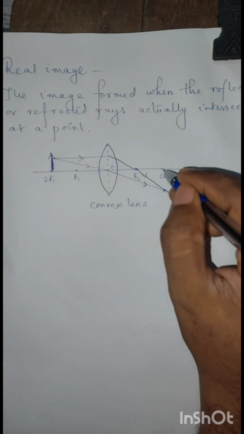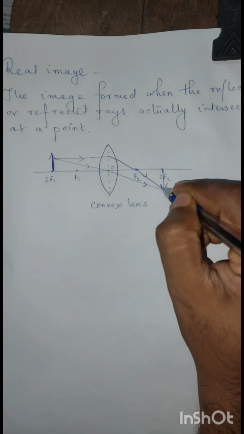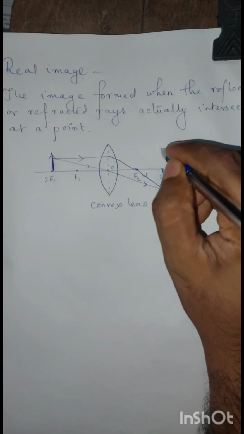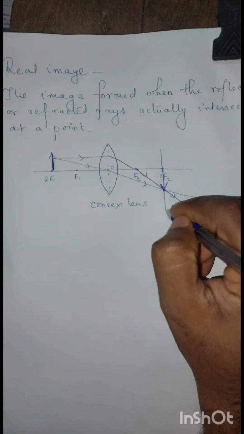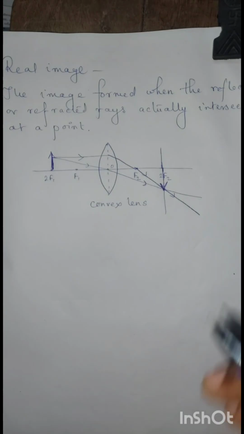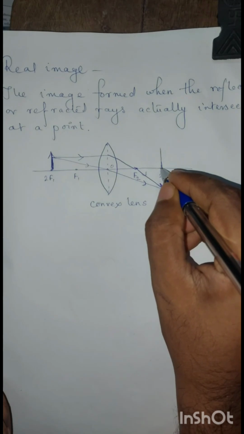At this point, we are getting an image of the object. If we put a screen, we shall get an image of the object. So this is our image.